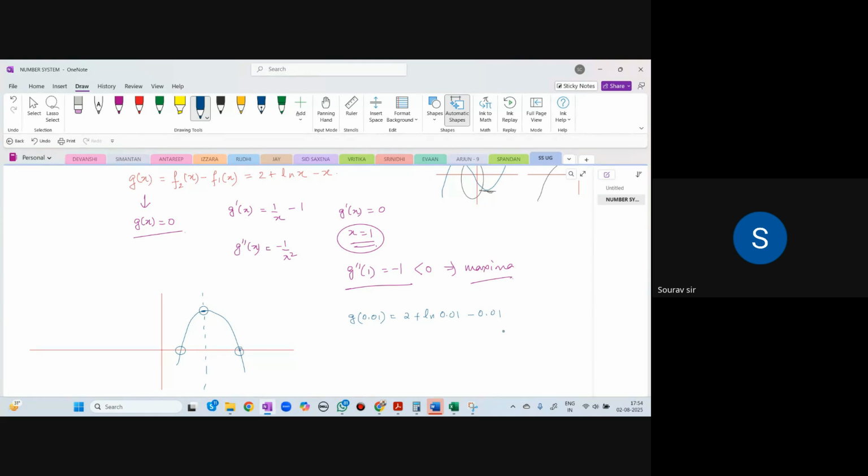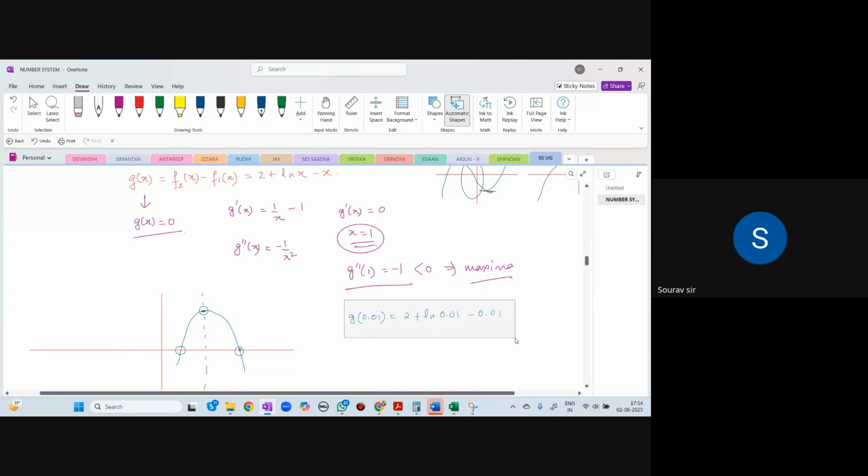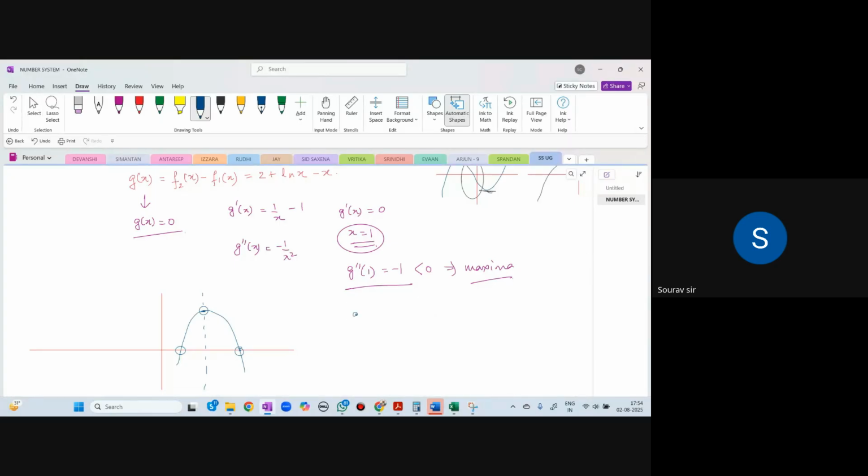Or let me take instead g of e to the power 0.01, which is a value very close to 0.